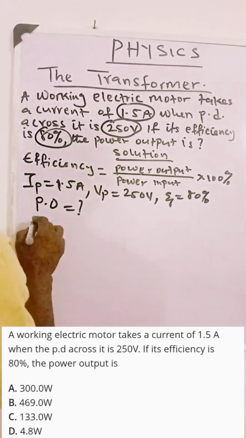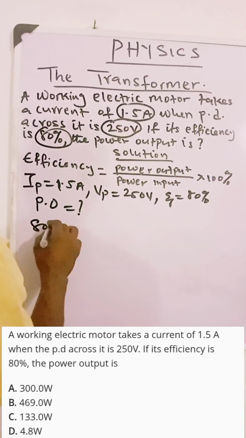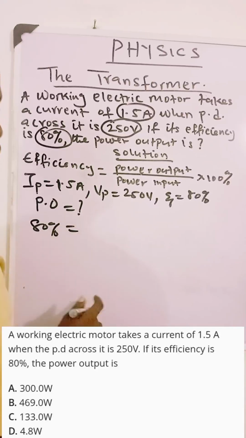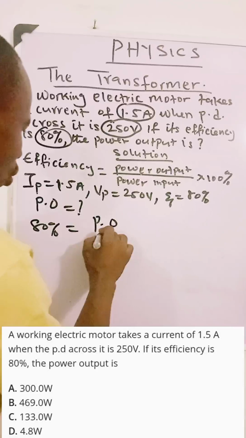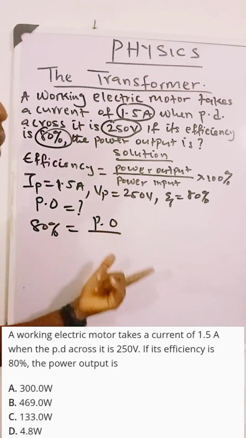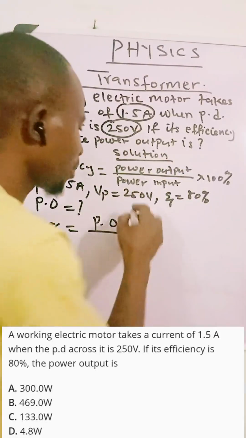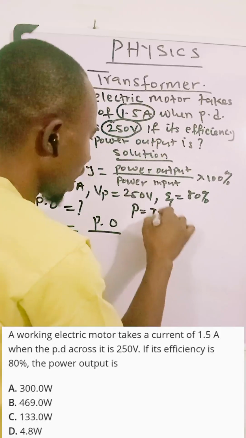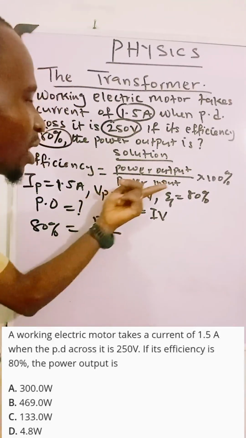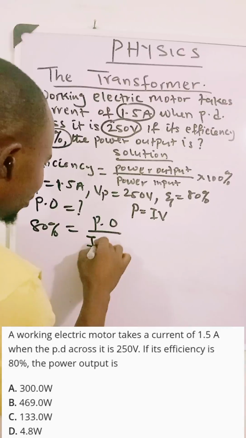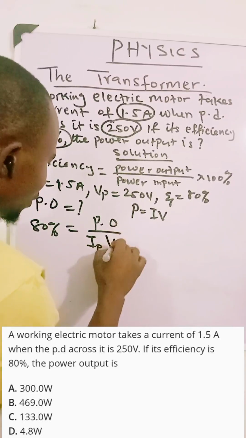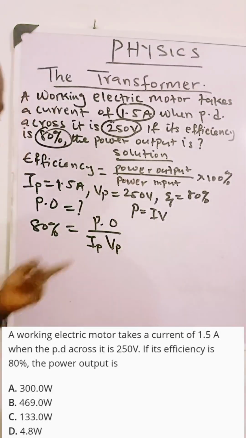So what I'm going to have is 80% equal to my power output, PO, over, recall that power is expressed as what? Electric power, P, is equal to IV. Now this is power input, so I'm going to have IP times VP, right? Good.